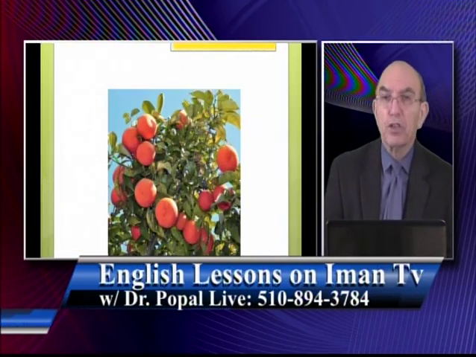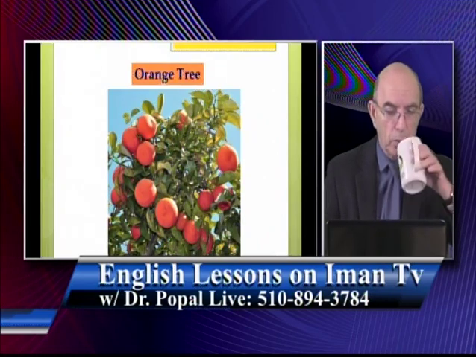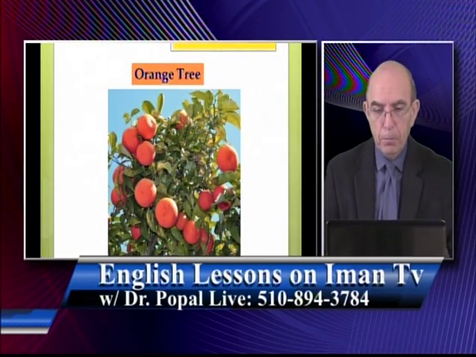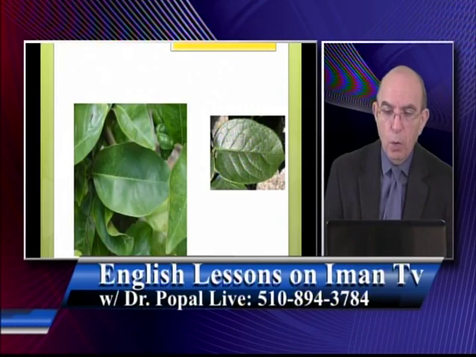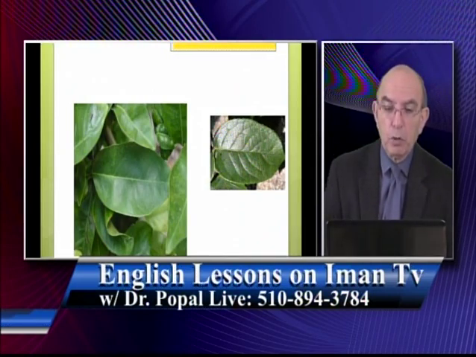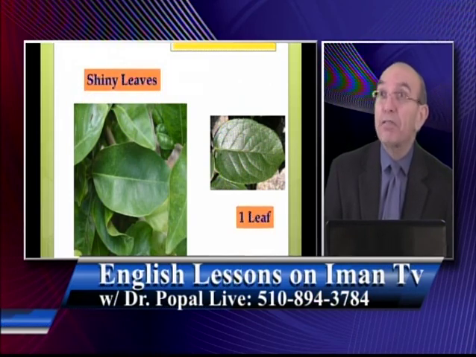This, of course, orange what? Orange tree. Please repeat, orange tree. What about this one? We studied this last week in relation to coffee. So this was called what? Leaf and what? Leaf.